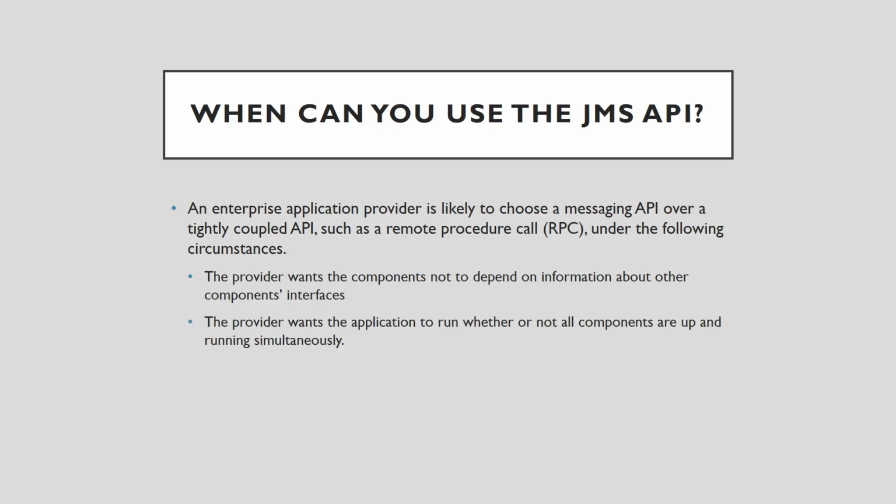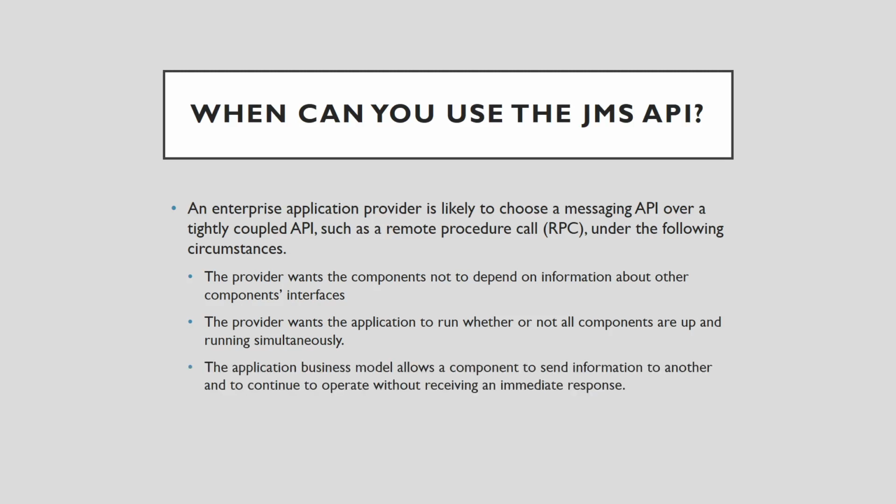Another circumstance is that the provider wants the application to run whether or not all components are up and running simultaneously. And the application business model allows a component to send information to another and to continue to operate without receiving an immediate response.